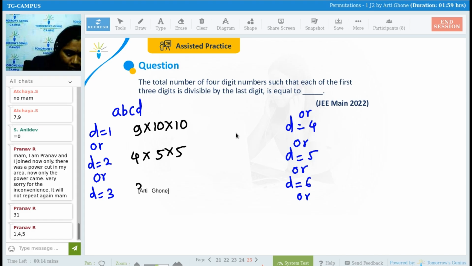See, if you consider this pattern also, it is coming 3 into 4 into 4. 3, 6, 9 are the 3 answers, and then number plus 1. Whatever factors you are getting, just do it plus 1 for 0 or the number itself. Clear? Okay.